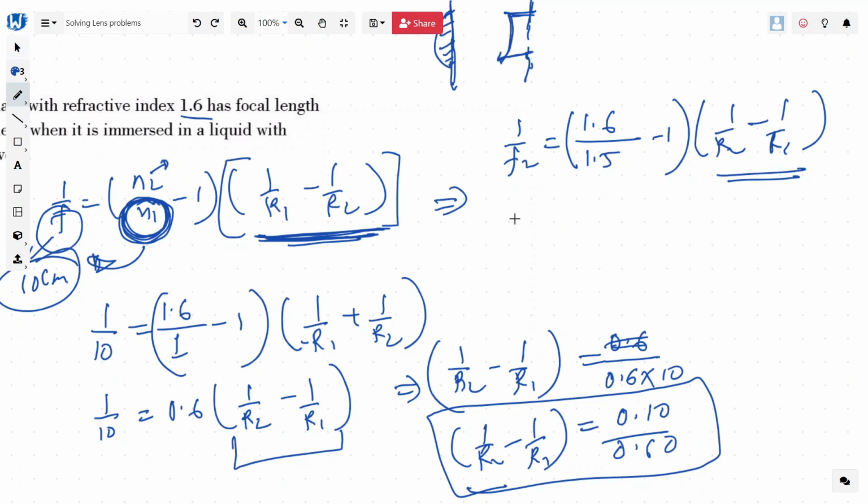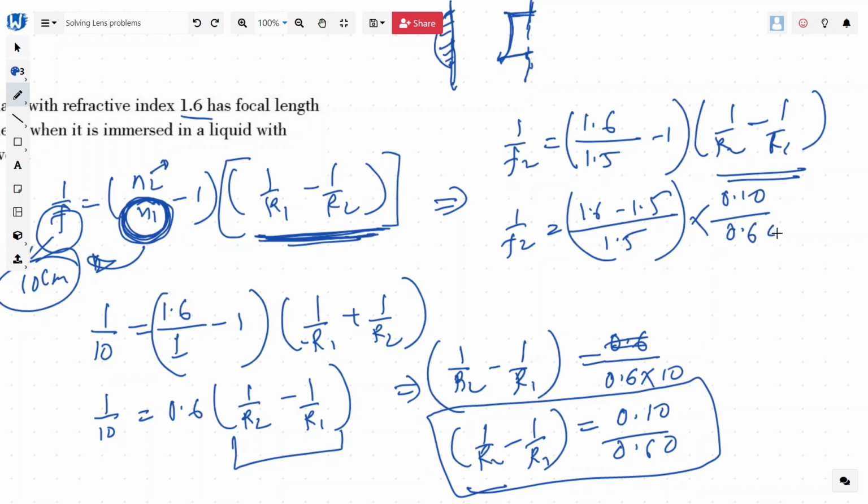This value is known, so 1 by f2 is going to be 1.6 minus 1.5 divided by 1.5, right? And this value is now known, it is 0.1 divided by 0.6, and this is going to be equal to 0.1 divided by 1.5 into 0.1 divided by 0.6.